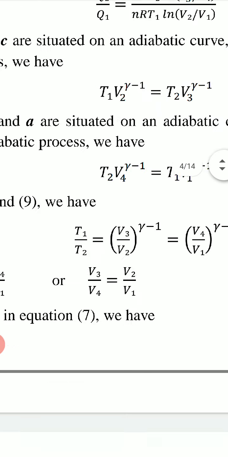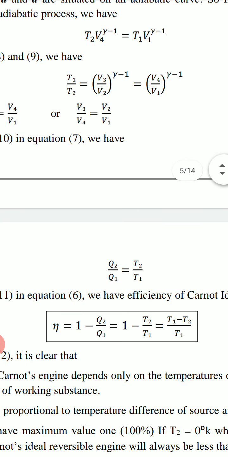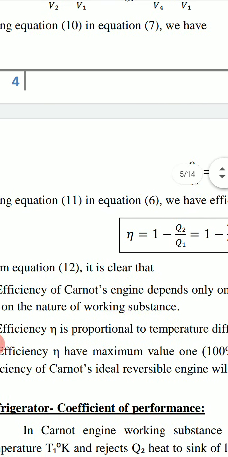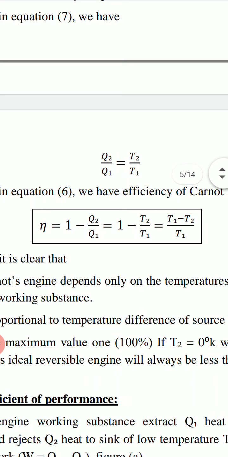And the efficiency of the Carnot engine now becomes 1 minus Q2 upon Q1, that is equal to 1 minus T2 upon T1, that is equal to T1 minus T2 upon T1. It is clear that the efficiency of the Carnot engine depends on temperatures T1 and T2 only.